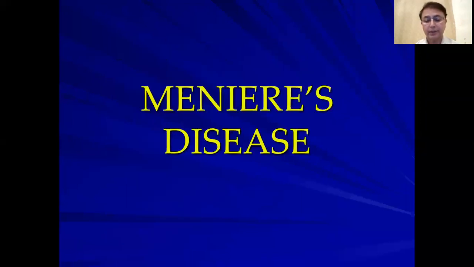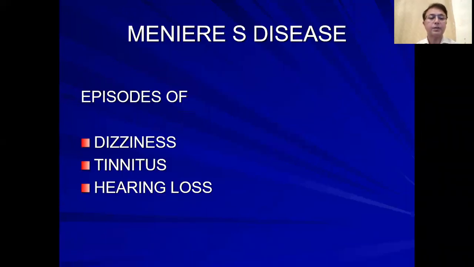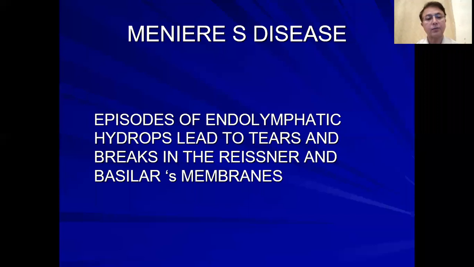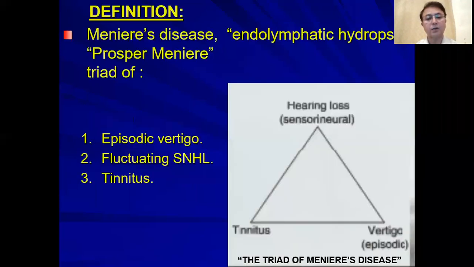Loop diuretics. Meniere's disease, triad of dizziness, tinnitus, and hearing loss. The pathology is endolymphatic hydrops, either overproduction or poor absorption, or both. Distension of endolymphatic fluid; the disease is named after Prosper Meniere, a French physician.